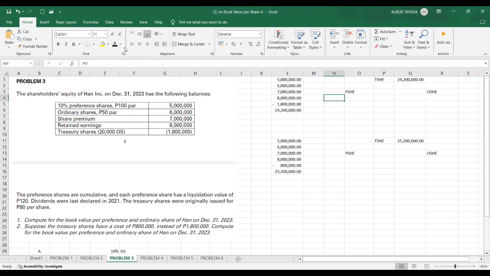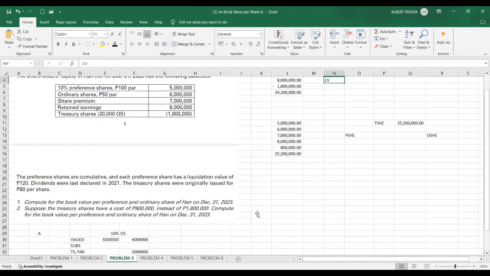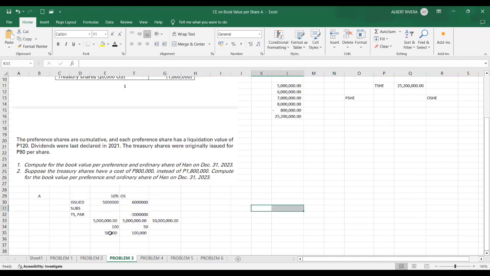So bigay natin yung liquidation value. This is now the liquidation value, which is what? The number of shares outstanding, ilan na nga ulit ito? This is 50,000. Okay? Times 120, the liquidation value for each preference share. So 50,000 times 120.